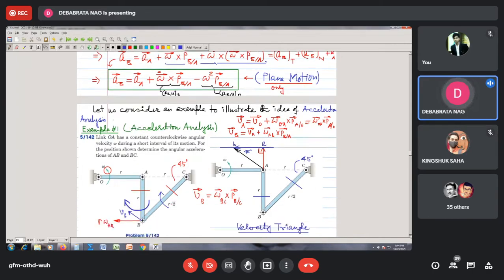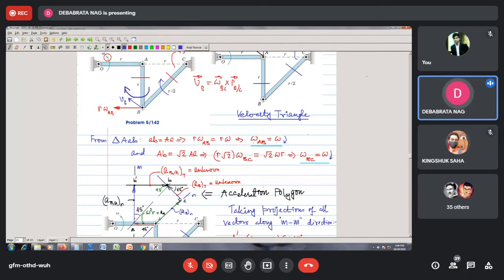Now first we like to draw the acceleration for the link OA. Here O is my reference point, A is the point for which I am trying to get the acceleration. Since it is rotating with a constant angular velocity, as already mentioned, it does not have any angular acceleration. The link OA is not having any angular acceleration.